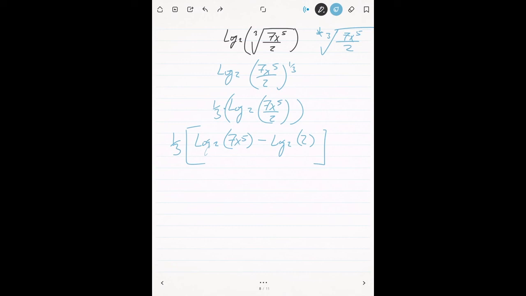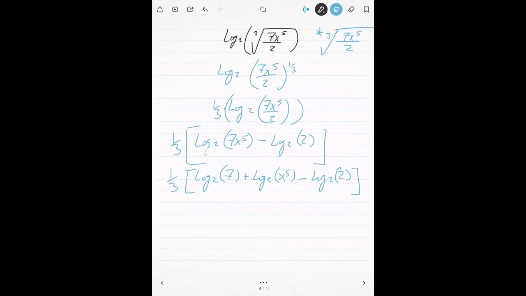That's why I'm keeping things in parentheses. Now, I can still break this apart. Log base 2 of, well, I have 7 times x to the 5th, so that's log of 7 plus log base 2 of x to the 5th minus log base 2 of 2. Again, hopefully you're seeing why this is working, why I still need parentheses.